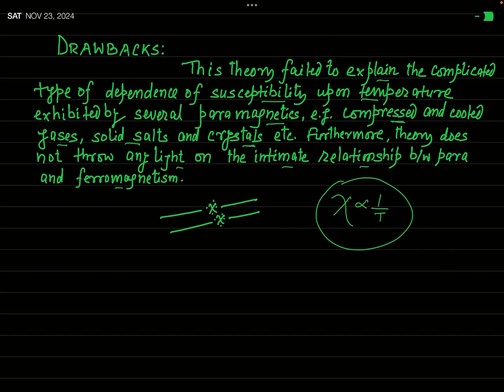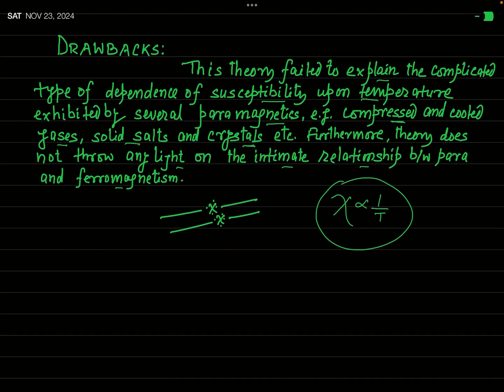But when we study Weiss theory, you will see that the paramagnetic behavior and ferromagnetic behavior are related to one another. Actually, the transition of a ferromagnetic material into the state of a paramagnetic material is just an example of second order phase transition.